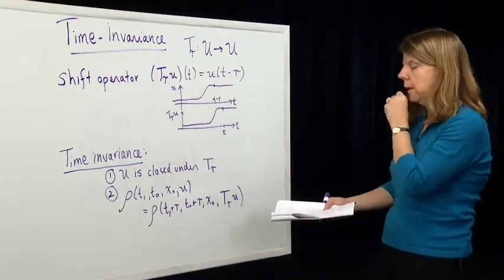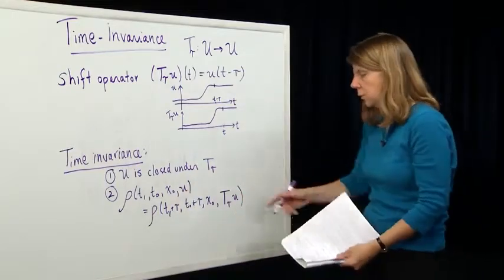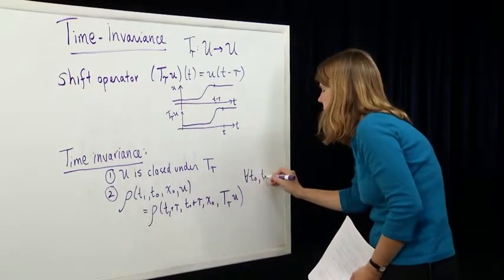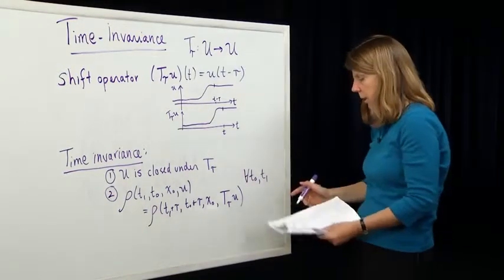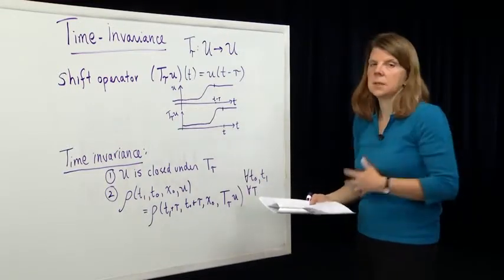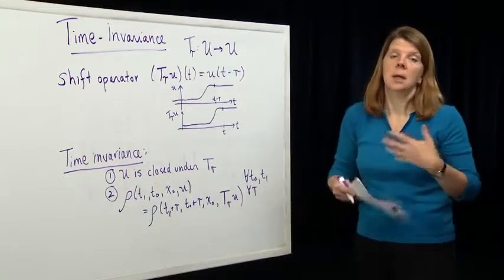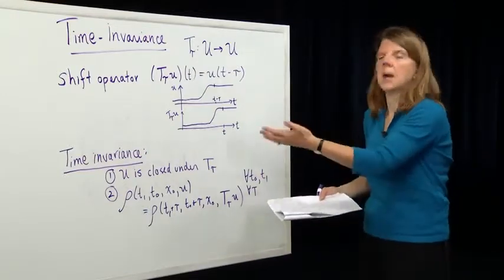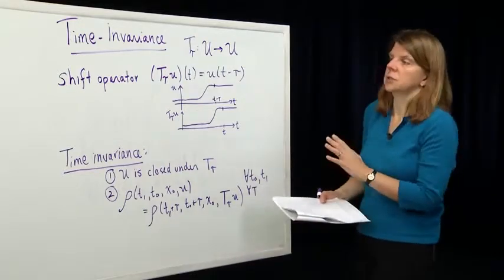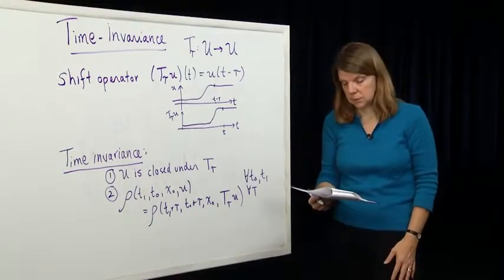And so for the system to be time invariant, this property has to be true for all valid t0, for all t1, for all shifts tau, as long as all of these are points in time in our time index, or the time axis over which we defined the dynamical system. So we could define shift operators for both continuous time and discrete time systems.